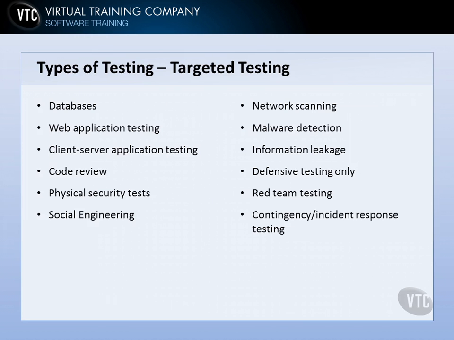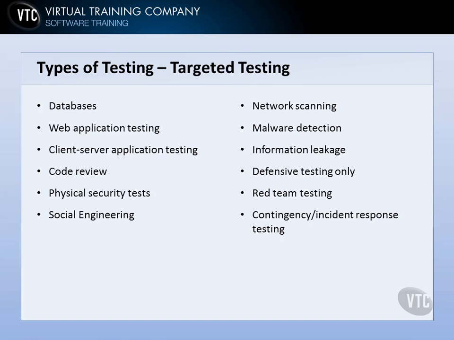Now let's talk about targeted testing for a moment. When we looked at targeted testing a moment ago, I told you that this was only testing for specific things that you and the organization agree on. Now let's go in a little bit more depth on this. This could mean databases, web application testing. You might even do a code review on some applications, like a secure code review. There might be physical security tests and those other types of tests that we typically associate with penetration testing.